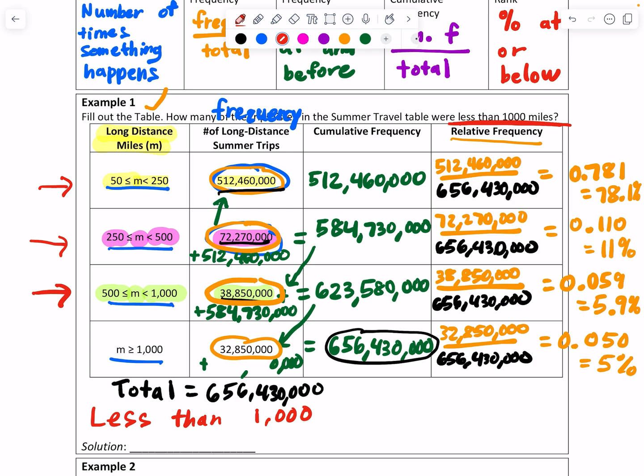Now, there were this many in the first range, this many in the second range, and this many in the third range. If I add all three of those numbers together, I get this right here. That would be my answer. There were 623,580,000 trips that were less than 1,000 miles.